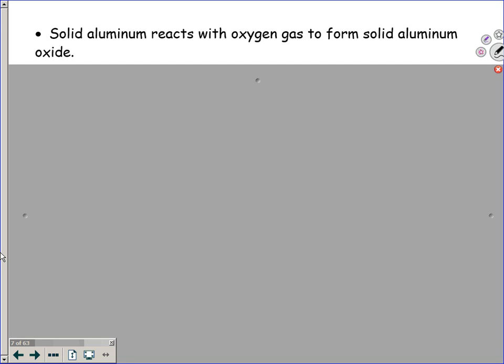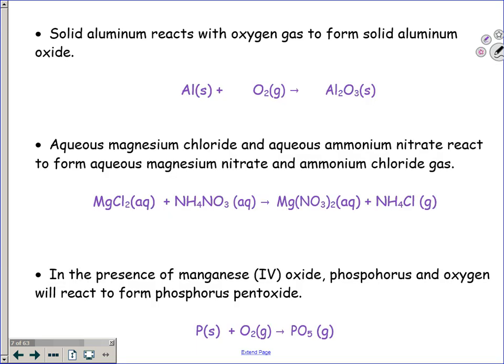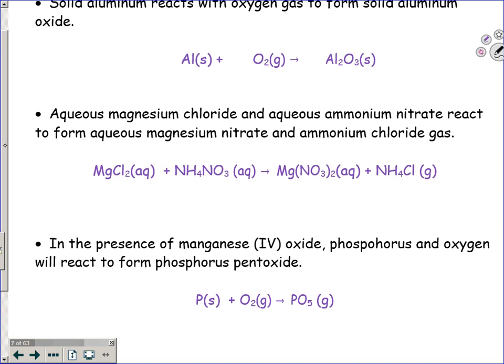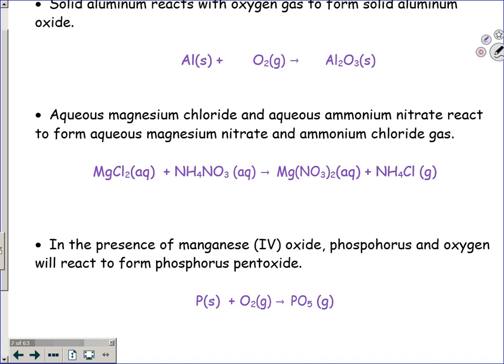So for these next 3, check your reactions first, and then balance with the person next to you. Because Al is a 3 charge, options are 2.